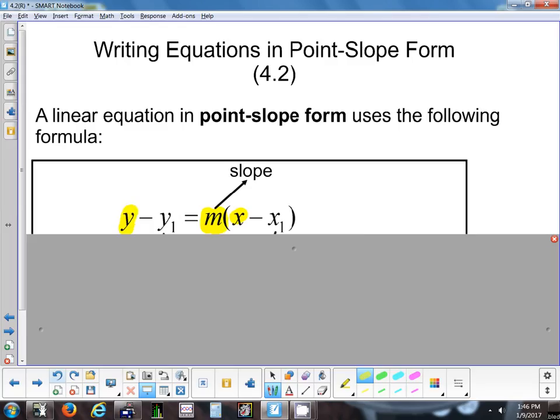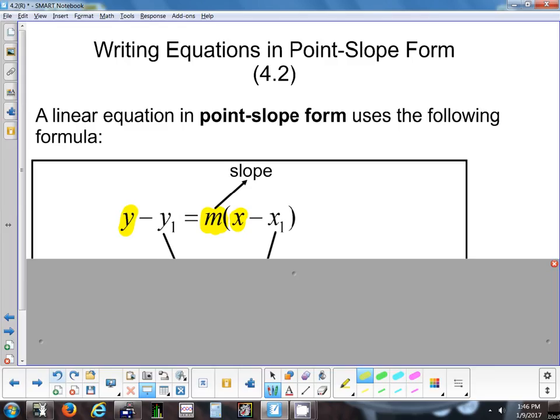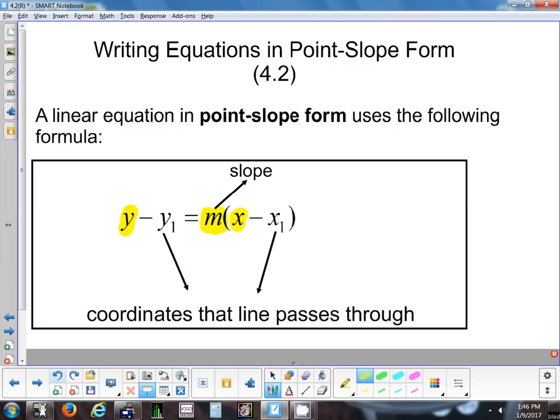Y. So what's in this formula that we didn't have in the other one? The y1 and the x1. That's your point. The other formula didn't use a point.